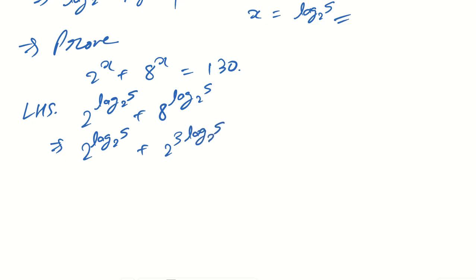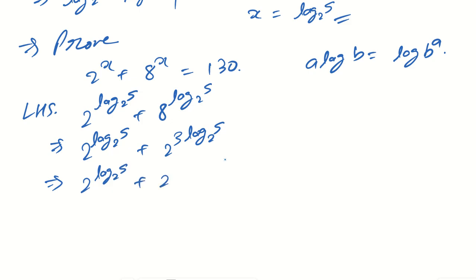And you know already that a log b can be written as log b to the power a. Okay. So I am going to take 3 this side. So it is going to give me 2 to the power log 5 base 2 plus 2 to the power log 5 to the power 3 base 2.